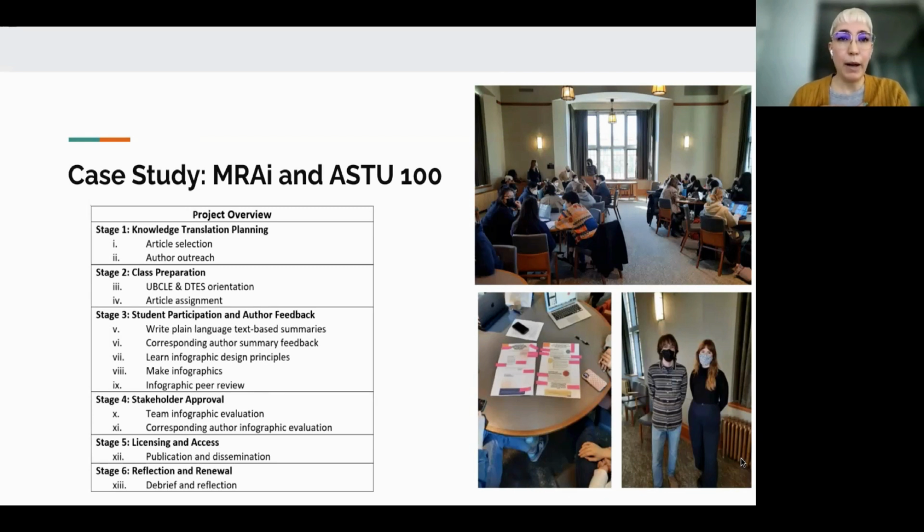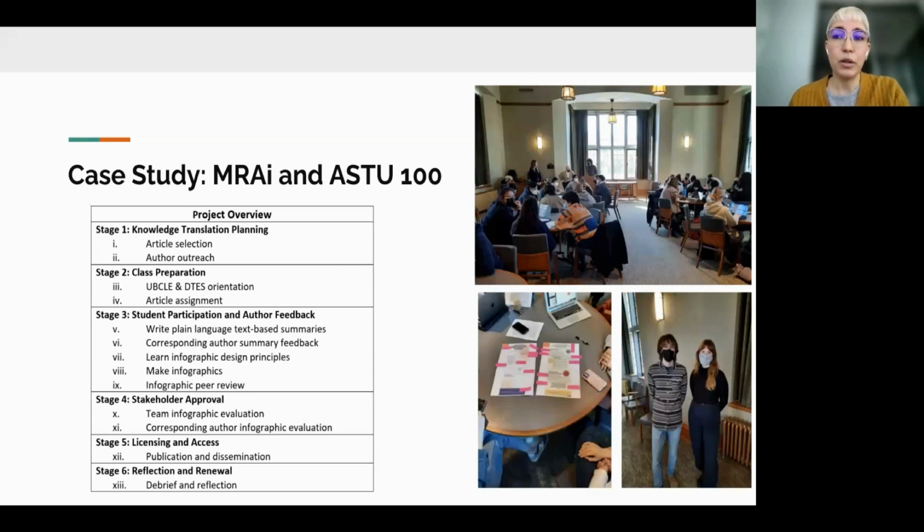The final step for our students in stage 3 is to design the infographics. And we've included photos on the slide from one of our infographic instruction workshops that Shannon and Nick facilitated for our students. In these workshops, teams peer-reviewed and edited their infographics in advance of submitting them.